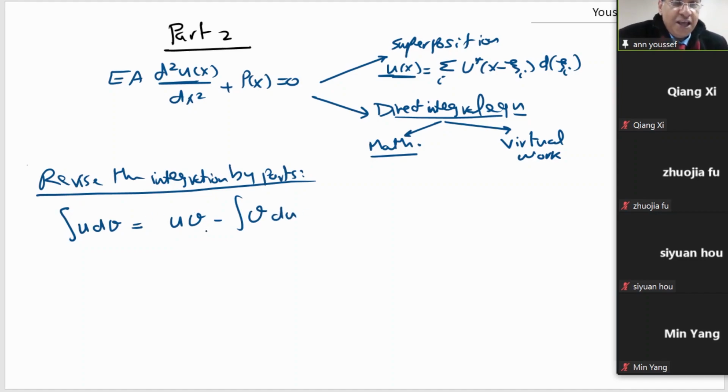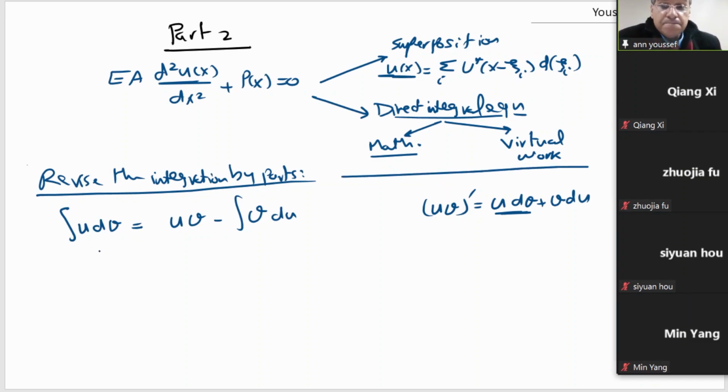It's very well known, and you can get this equation directly from the product rule for uv. When you differentiate this, you will get u dv plus v du, and you will end up with u dv equal to uv minus v du, and integrate both sides, you will get this form. It's straightforward, it's not a problem.